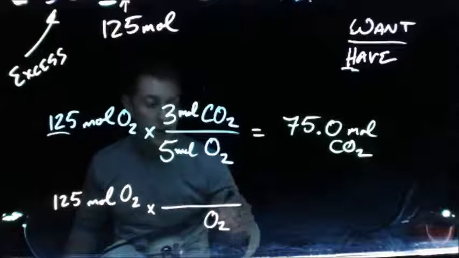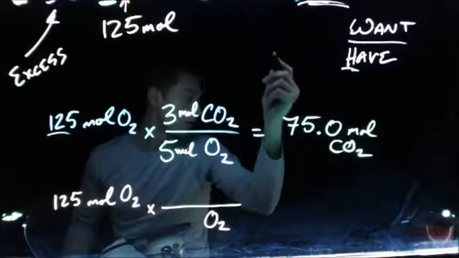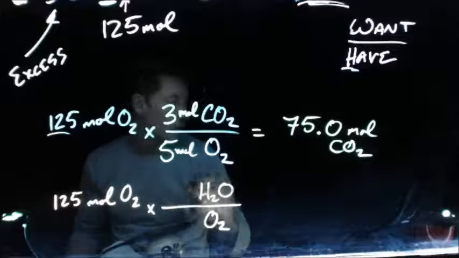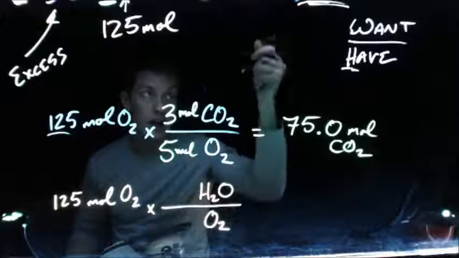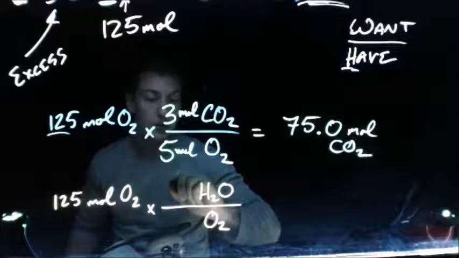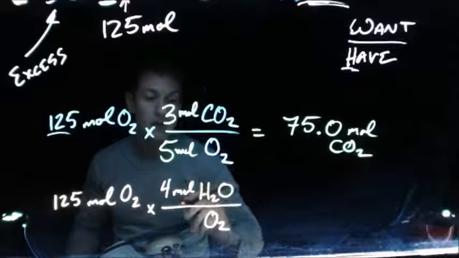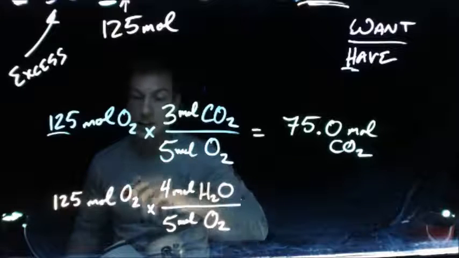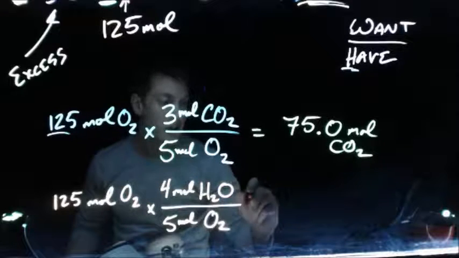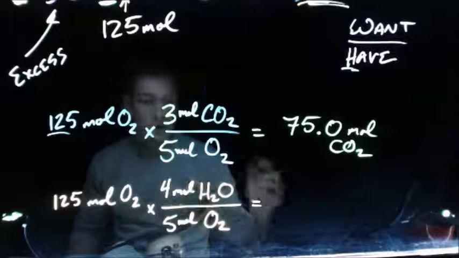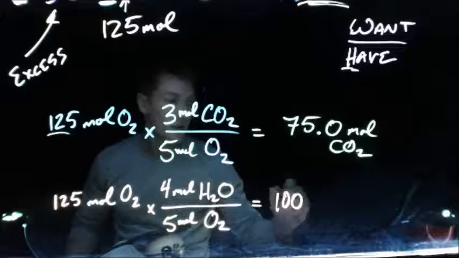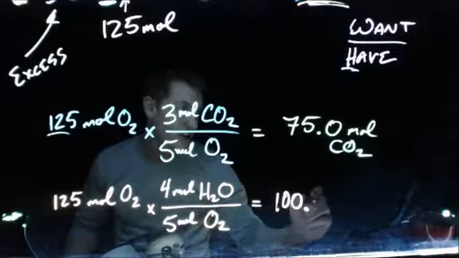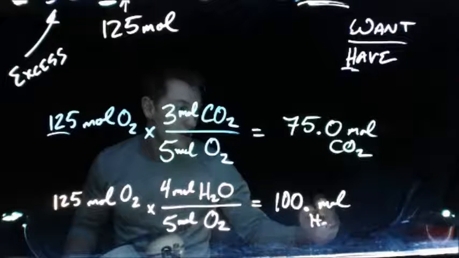So O2 goes on the bottom. Now though I'm looking for water. So, oh, you can't see that, so it's water, H2O. And then what numbers do I need to put, top and bottom? Well, back in the balanced equation when we could see it, it was 4 moles of water for every 5 moles of oxygen. And so 125 times 4/5, that's going to give us 100 with a decimal point, because it needs to be 3 sig figs. So 100. moles of water.